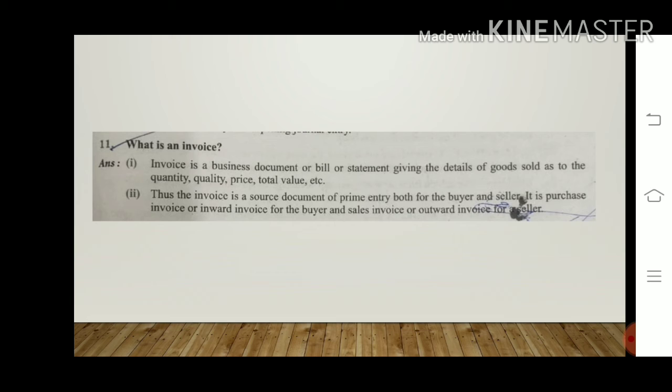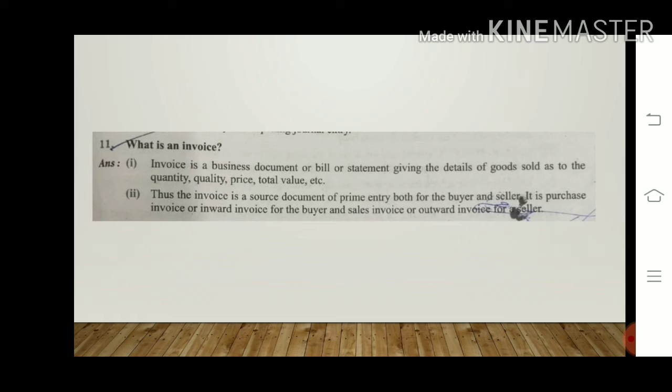What is an invoice? Invoice is a business document or bill or statement giving the details of goods sold as to the quantity, quality, price, total value, etc. Thus, the invoice is a source document of prime entry both for the buyers and seller.